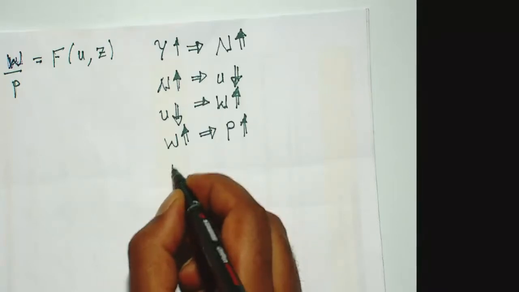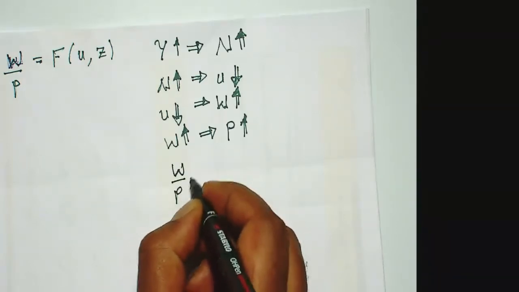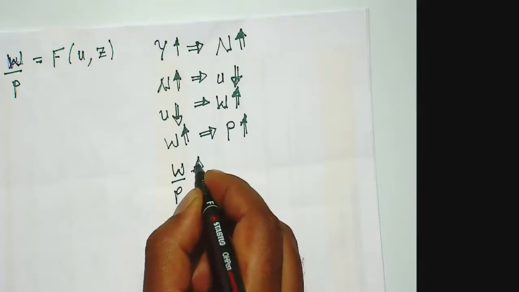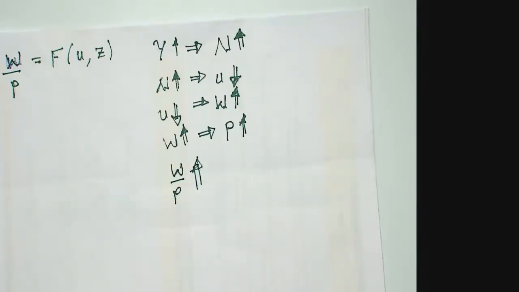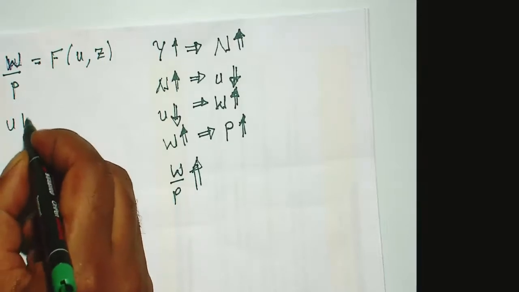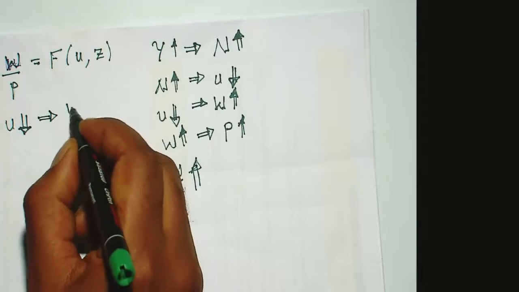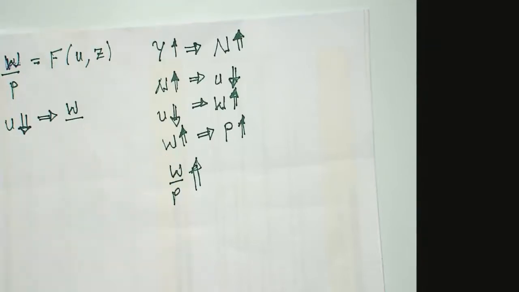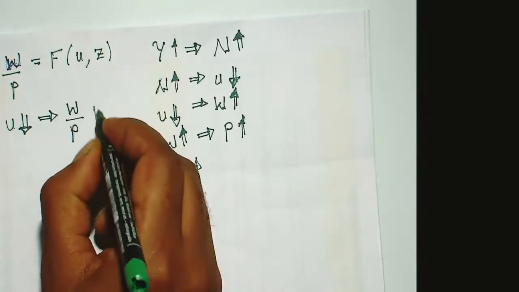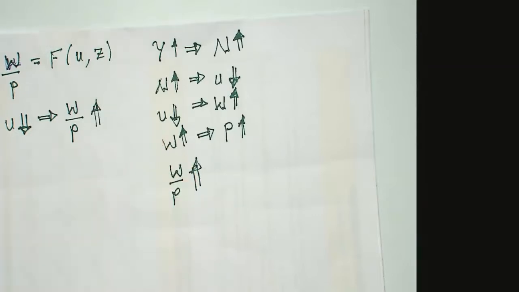So this is again to say wage over price would increase as the entire term. Having seen this relationship, we can see that unemployment decreased. This is again accompanied by the condition where we say the real wage increased.